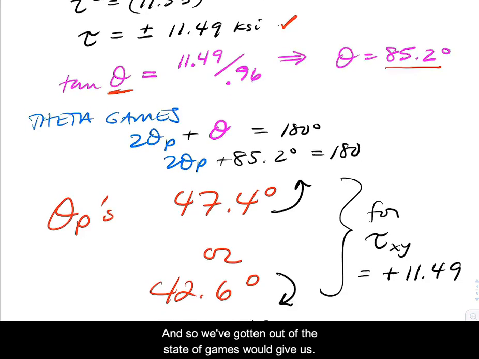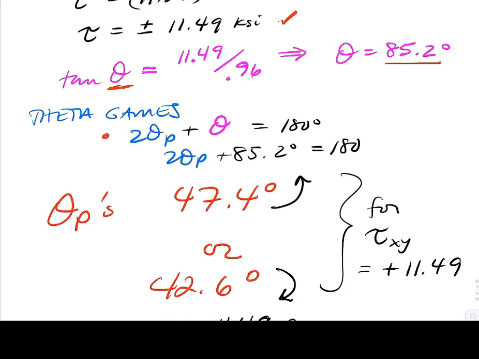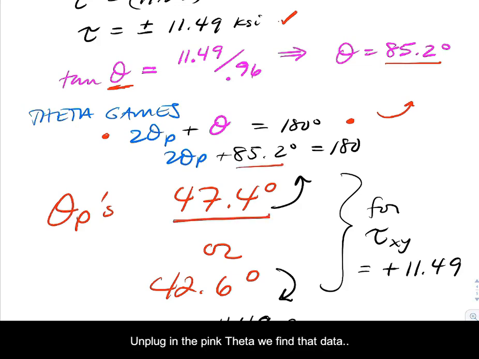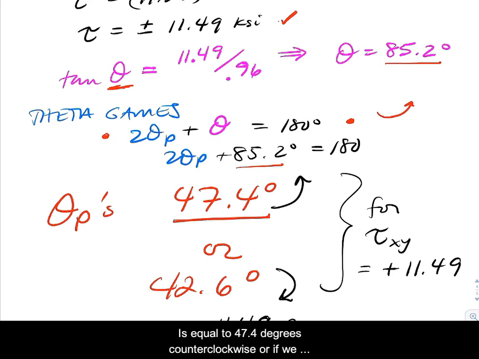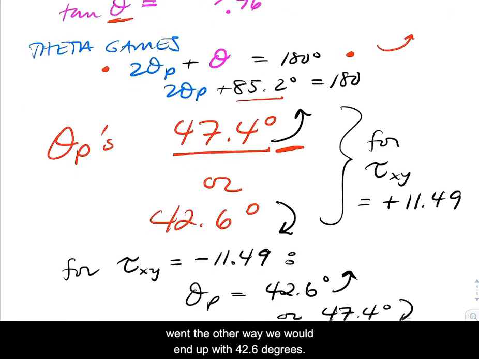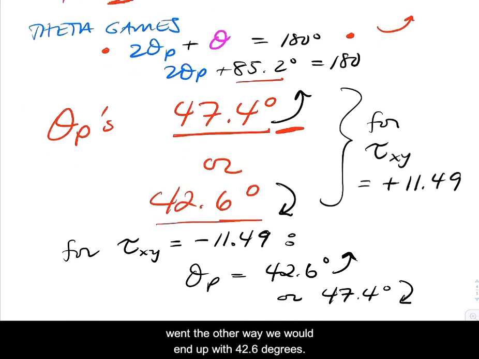And so we've got now 2 theta p plus the pink theta would be equal to 180. That would be a strike in the counterclockwise direction. Go ahead and plug in the pink theta. We find that theta p is equal to 47.4 degrees counterclockwise, or if we went the other way, we would end up with 42.6 degrees.